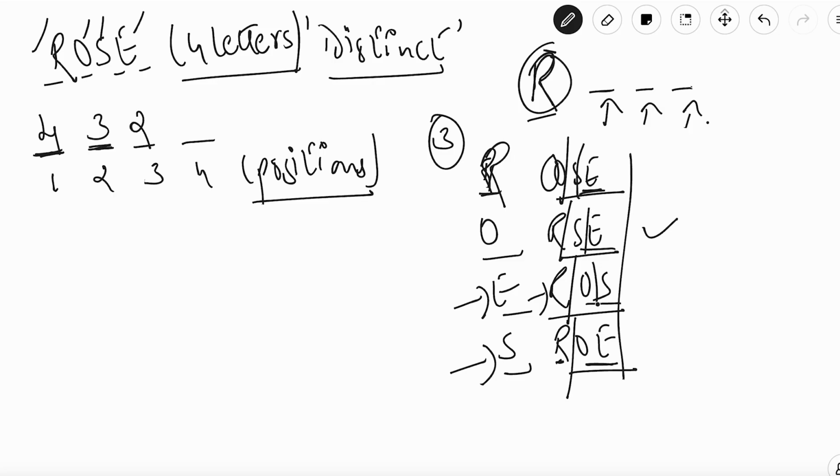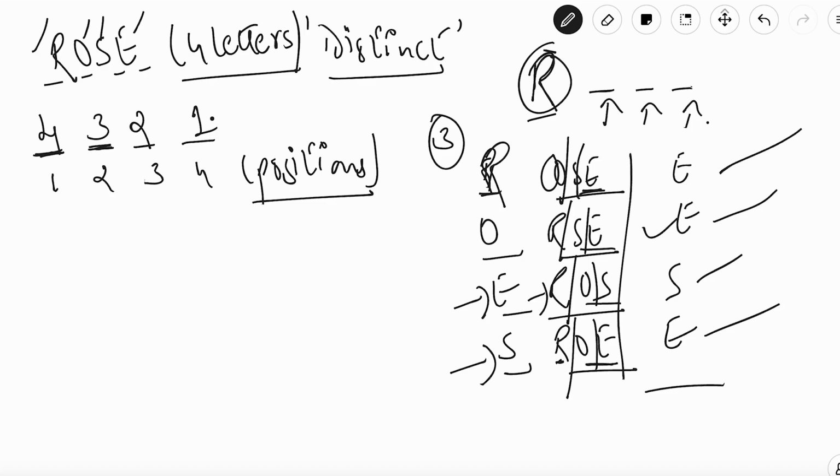Now once I select the third position for all these four options, you can see I am left with only one letter to choose from. So I have only one way to choose the final letter.